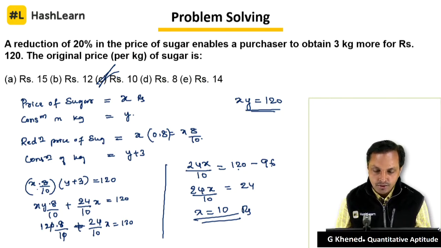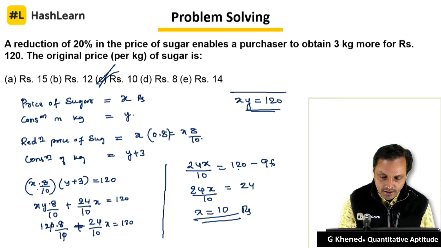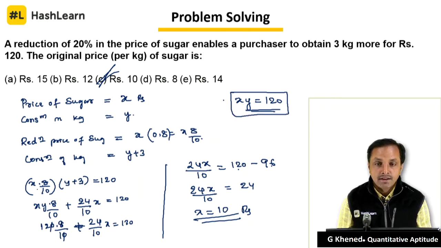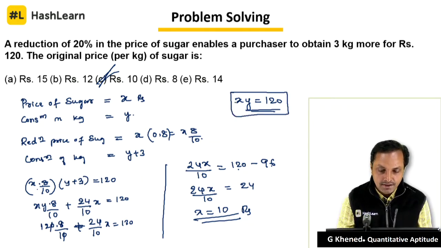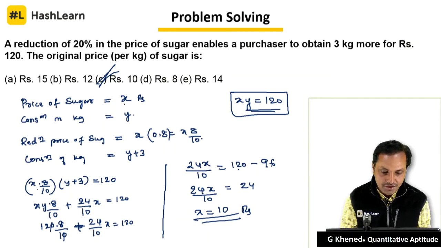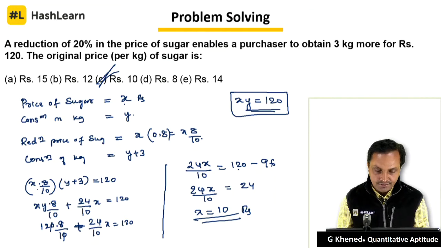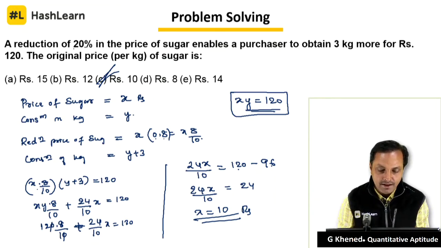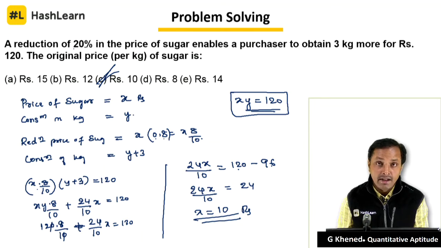Here you have to note one important point. X is the price of the sugar and Y is the consumption of the sugar in kgs. Okay, Y kgs, X rupees. Here a 20% reduction is nothing but 80%, which is nothing but 0.8.